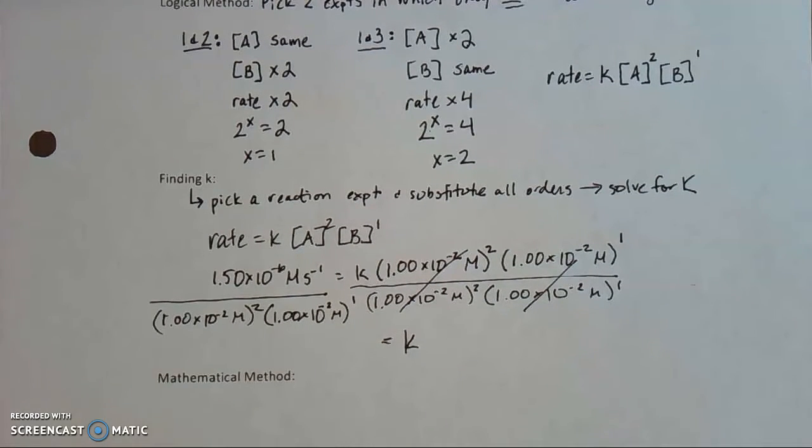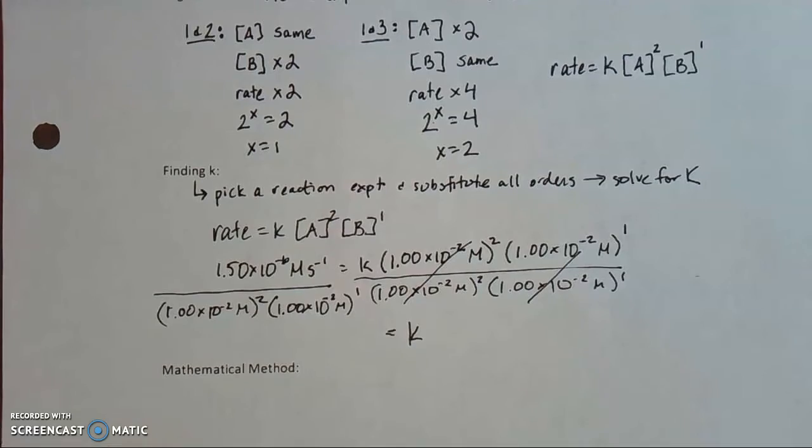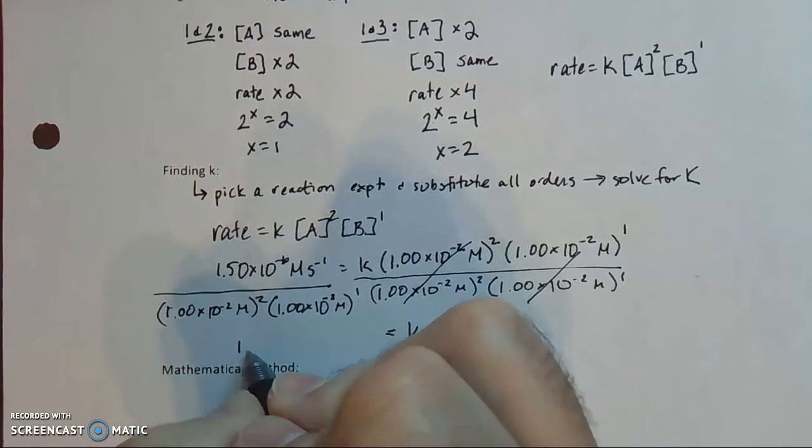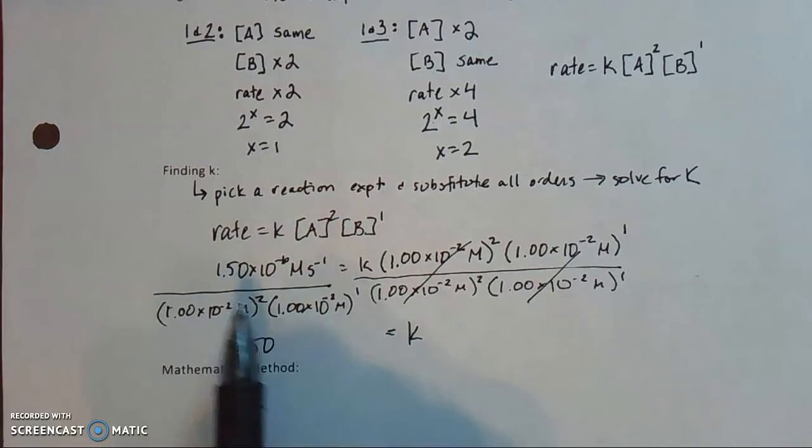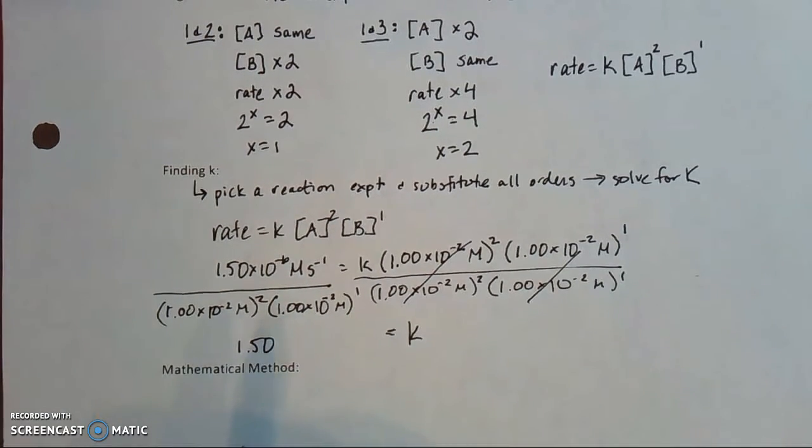This is where things get tricky. Make sure that you are putting these into the calculator properly. When we do this, we end up with 1.50 as our number. And we have to worry about units because the units change based on reactant order.